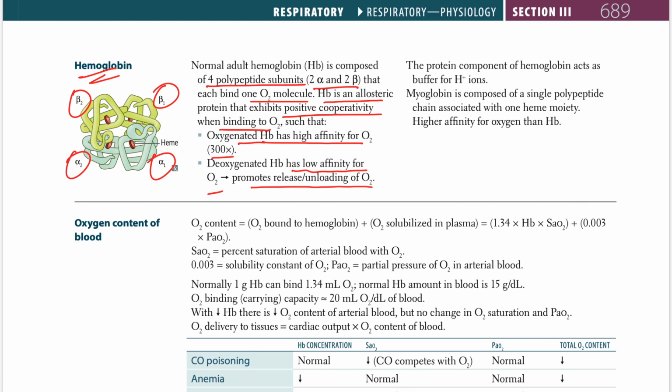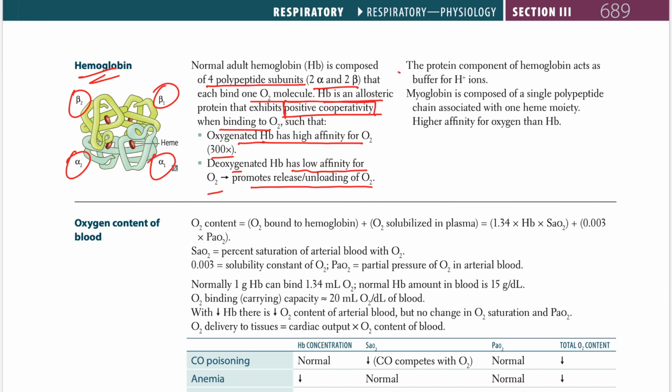So the important term here is positive cooperativity, which is basically saying if one oxygen binds, the rest are easy to bind. By how much? 300x. And if you're in a deoxygenated state, there is a low affinity for O2 to bind. That is positive cooperativity.